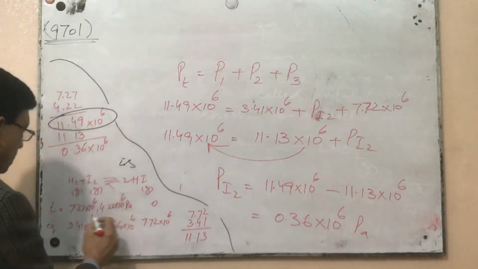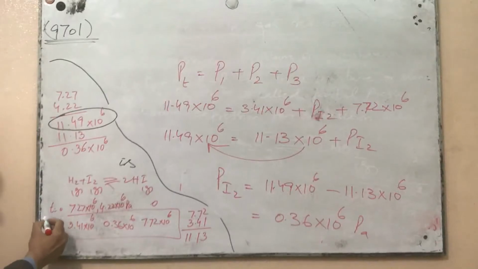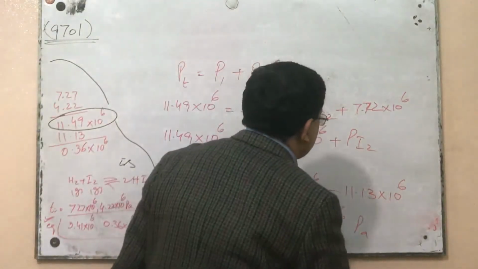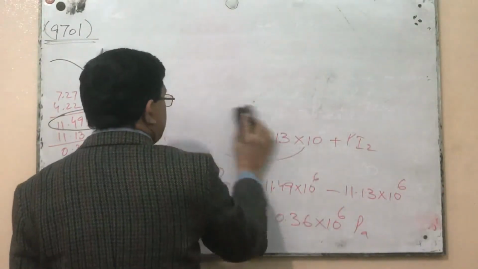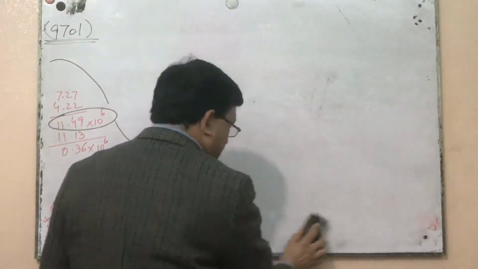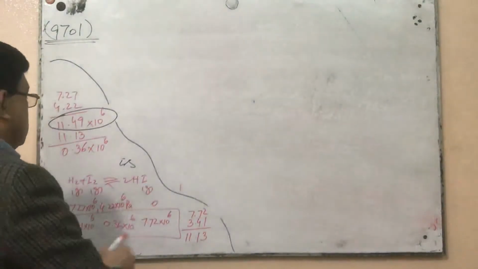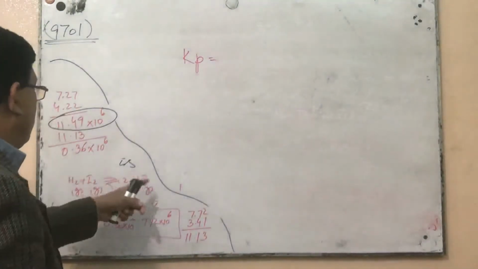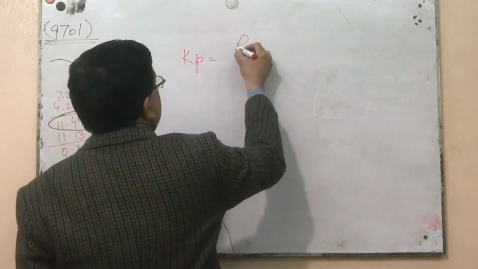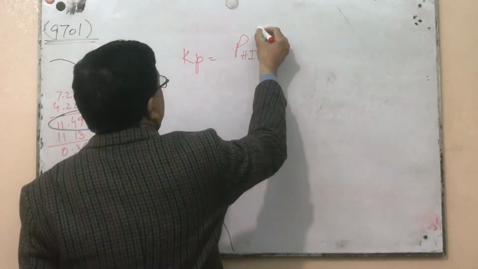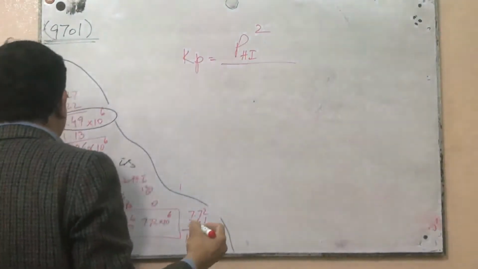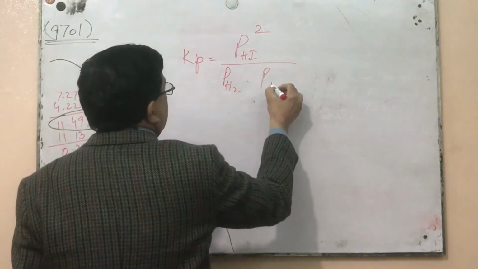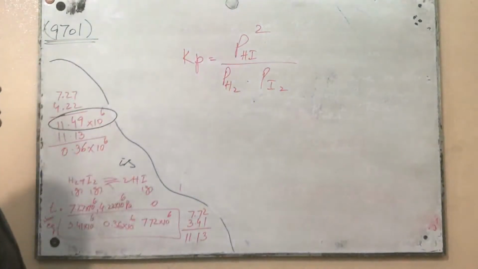Now, all the three pressure values are given at equilibrium, so we can use the equilibrium constant expression to calculate the Kp value for this reaction. Kp is equal to, we will write down the first equation, partial pressure exerted by HI square over partial pressure of hydrogen into partial pressure of iodine.